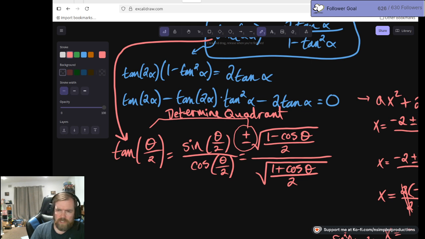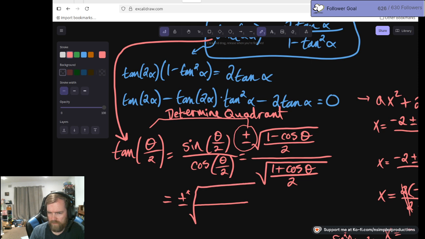Our division by 2 goes away in both cases, or divides out from each. And here we get 1 minus cosine of theta over 1 plus cosine of theta.